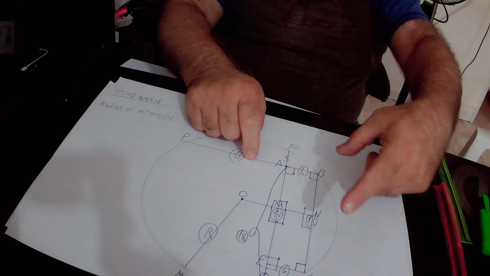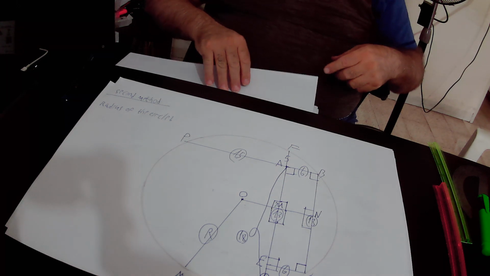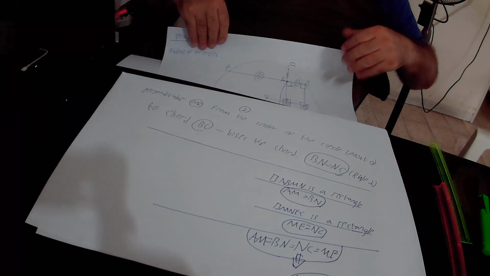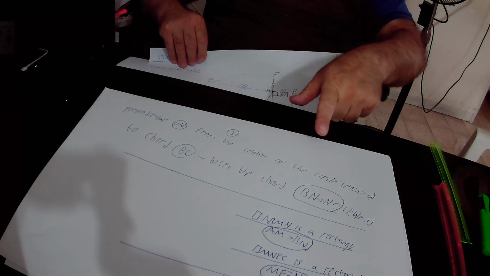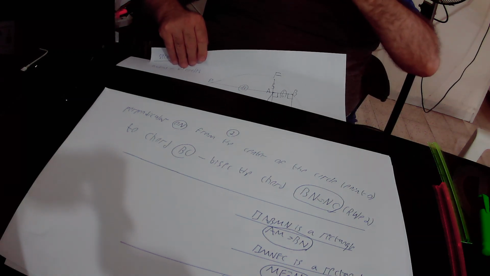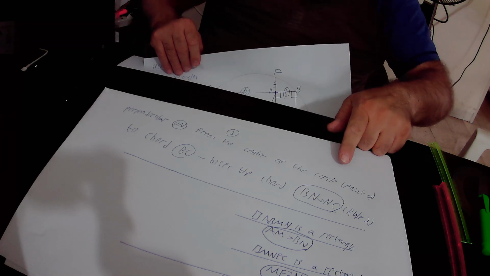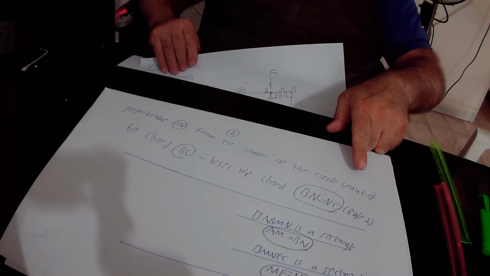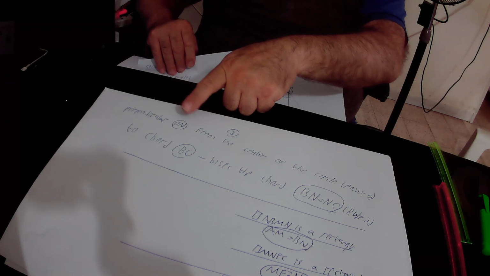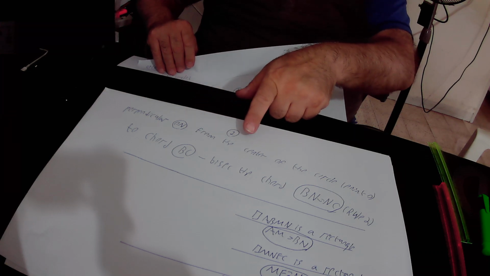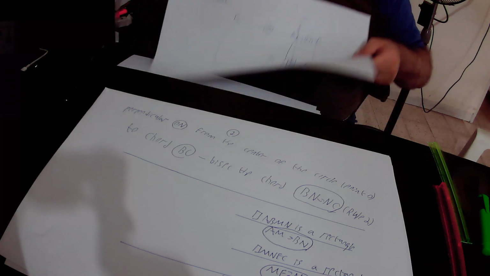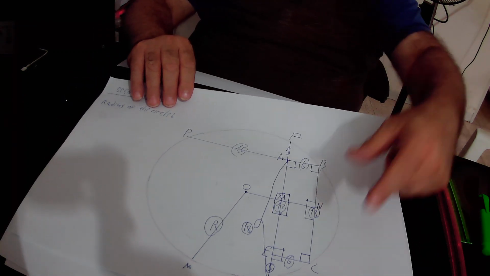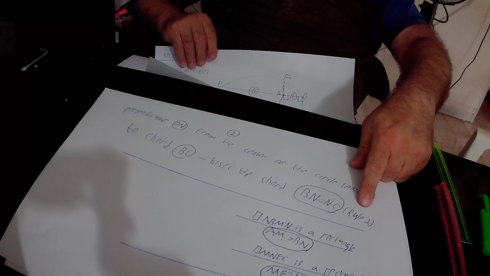That is to say, BN equals NC, according to rule number 2.